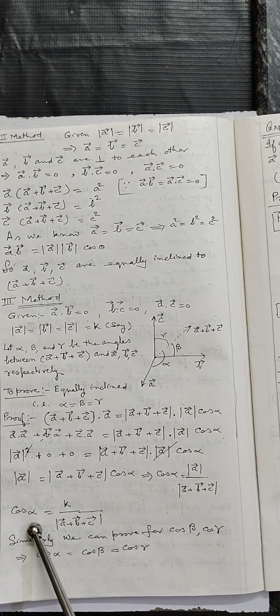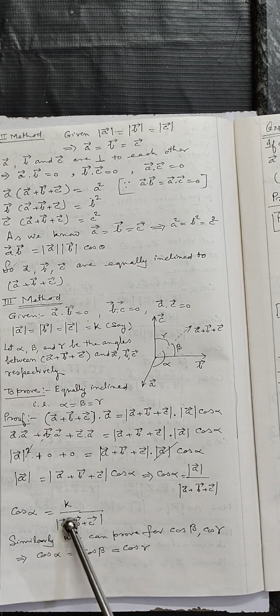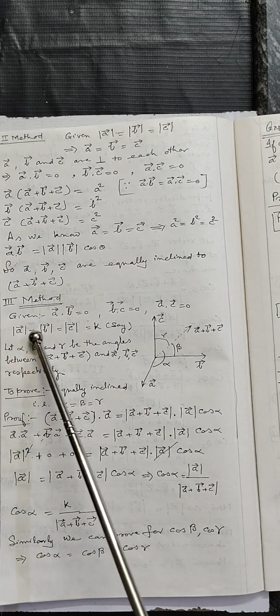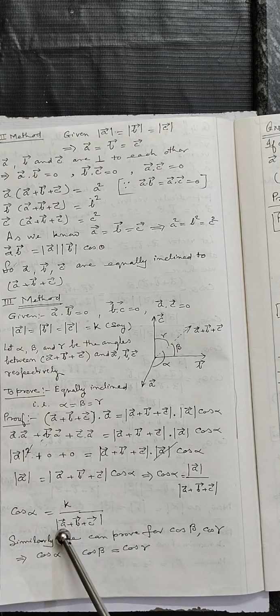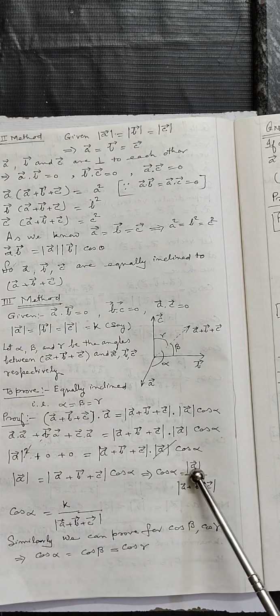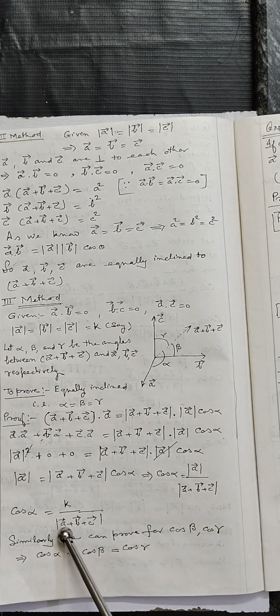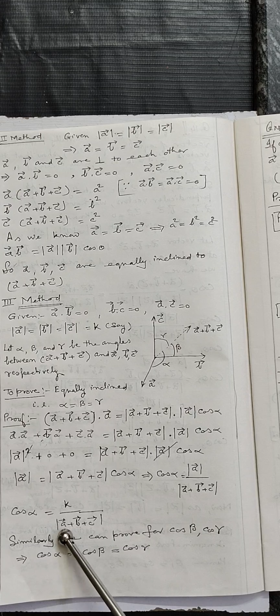Now the cos alpha will be equal to K upon, हमने K सपोज किया था पहले, देखिए. So in place of this we have written here K upon the magnitude of the summation of the three vectors.